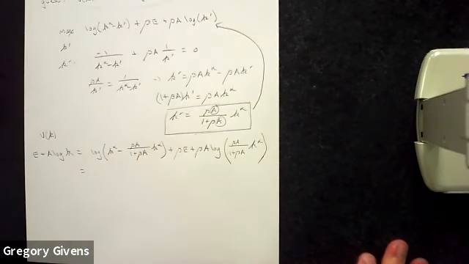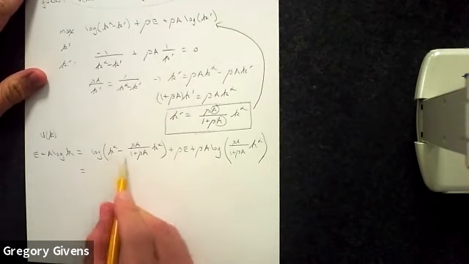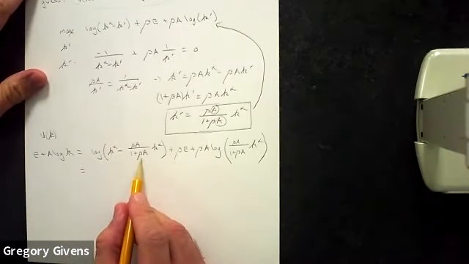I actually think doing it this way involves a little bit more algebra, but it might be more straightforward conceptually for you. We should be able to group terms here, right? This is k to the alpha minus beta a over 1 plus beta a k to the alpha.